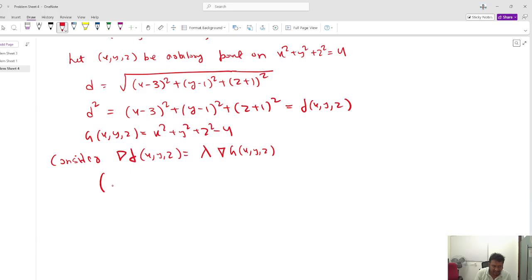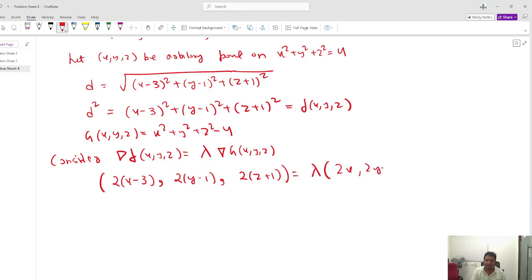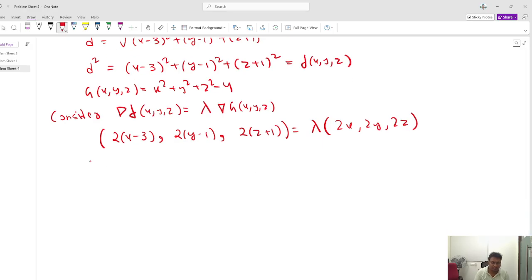Let us calculate. The partial derivative of f with respect to x is 2x minus 3, and similarly with respect to y and z. This should be the same as lambda times (2x, 2y, 2z). Now you have the conditions, right? So the 2 and 2 you can eliminate.